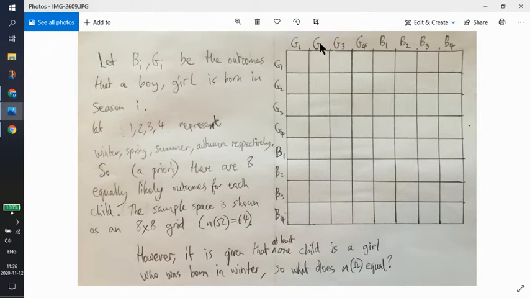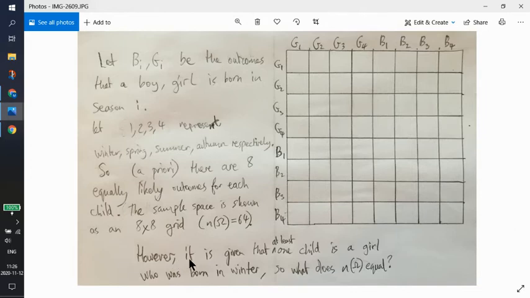So if we didn't have any additional information, we would have a sample space with 64 equally likely outcomes, which we can show on this 8 by 8 grid here. Now let's think how the additional information affects our reasoning.